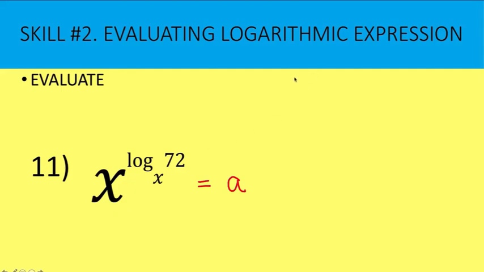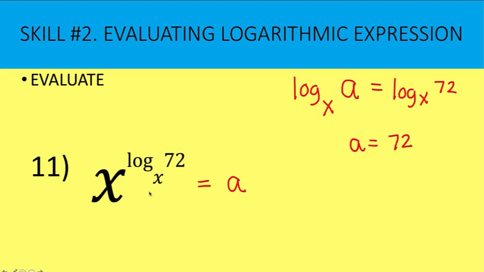So we write this as log to the base x of a is equal to the exponent log to the base x of 72. So log x, they're the same. That means a must be equal to this number, 72. So a equals 72, which means that this entire expression is 72.